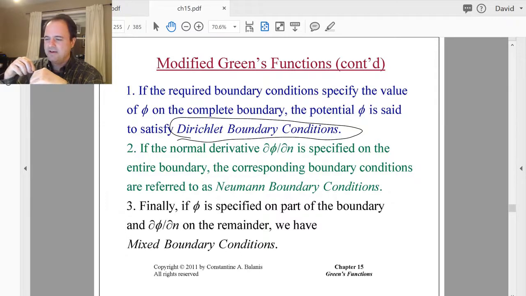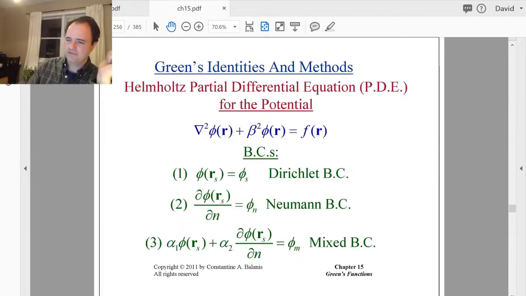And if the normal derivative d phi dn is specified on the entire boundary, the corresponding boundary conditions are referred to as Neumann boundary conditions. And if you know phi on one part but d phi dn on the remainder, then we have mixed boundary conditions. We've said this before. So that's what I stated, expressed here in math.